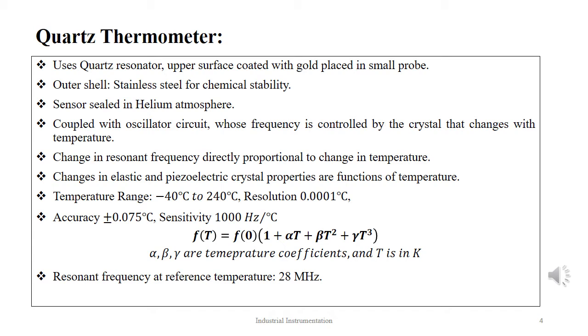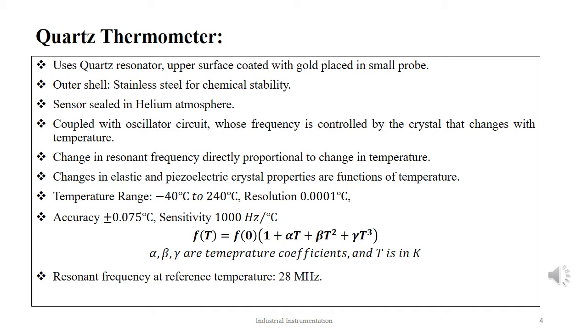The quartz thermometers use a quartz resonator wafer sealed in small probes with an outer cover of stainless steel to provide additional physical and chemical stability. The quartz surface is deposited with a thin gold layer. The case is sealed in a helium atmosphere. It measures temperature by measuring the frequency of a quartz crystal oscillator.